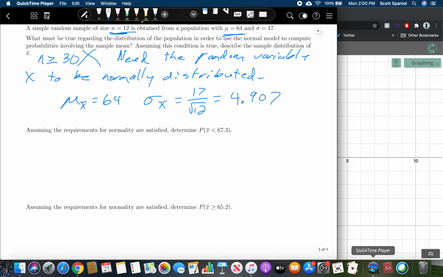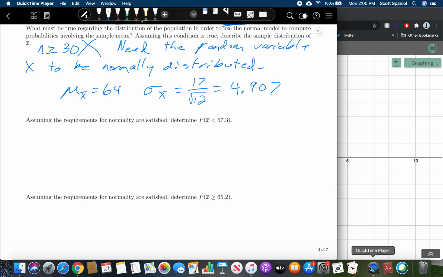So once we've done that, now the question is, assuming the requirements for normality are satisfied, determine the probability that x bar is less than 67.3. So there's a couple things going on here. One, this is normally distributed. Two, we know how to find the probability of things that are normally distributed, right? We can use the normal curve and find the area under that curve.